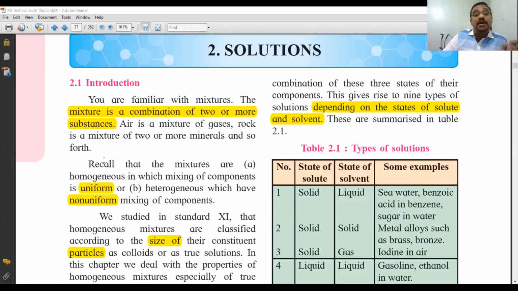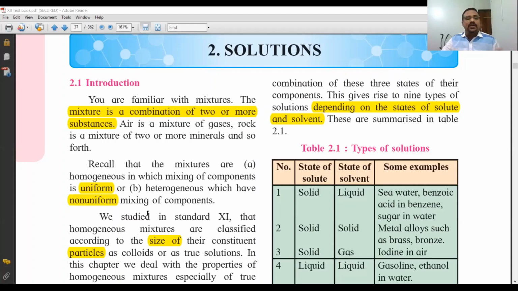Then they may form one or two phases. And the third important quality is that they may look translucent or opaque. So these are the three basic qualities for homogeneous and heterogeneous mixtures.